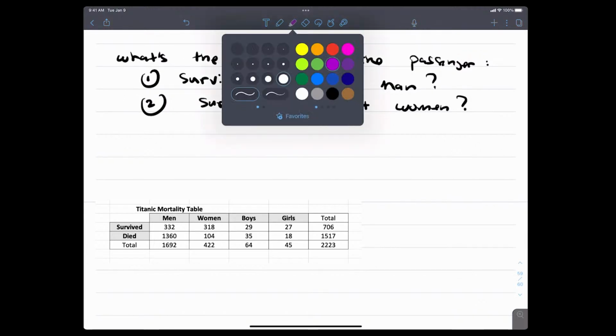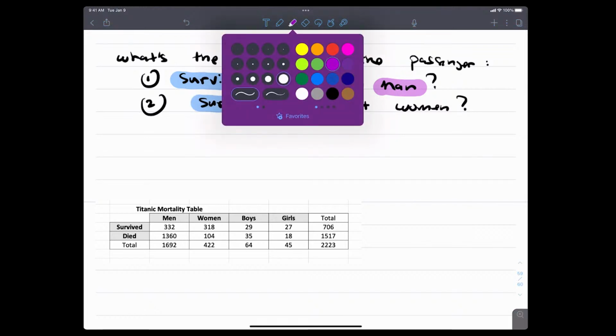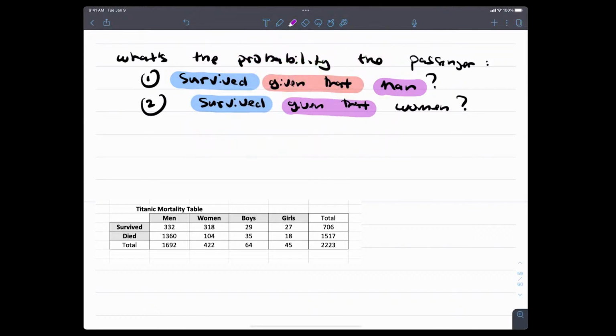So you say, what do you mean? This is the event. You survived. And what does this phrase say? Given that. You know what that means? The second you read the phrase given that, that's a conditional probability. They want to know now the probability you survived here, given that what?